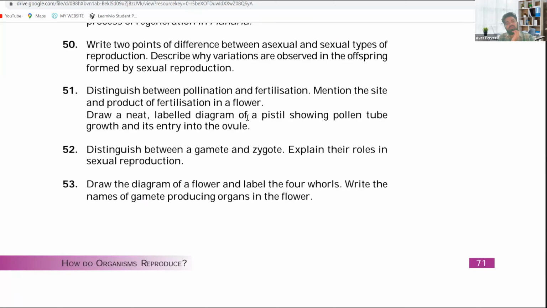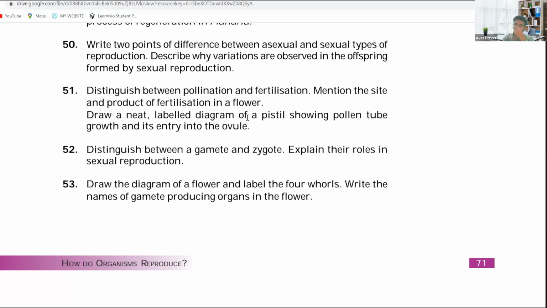Distinguish between a gamete and a zygote and explain their role in sexual reproduction. Gametes are formed after meiosis.